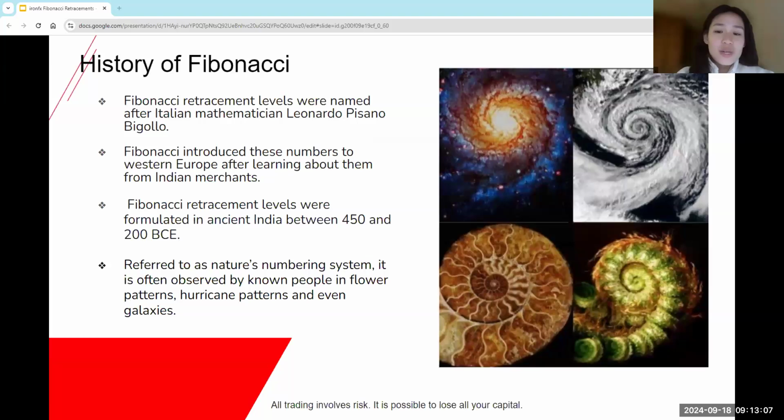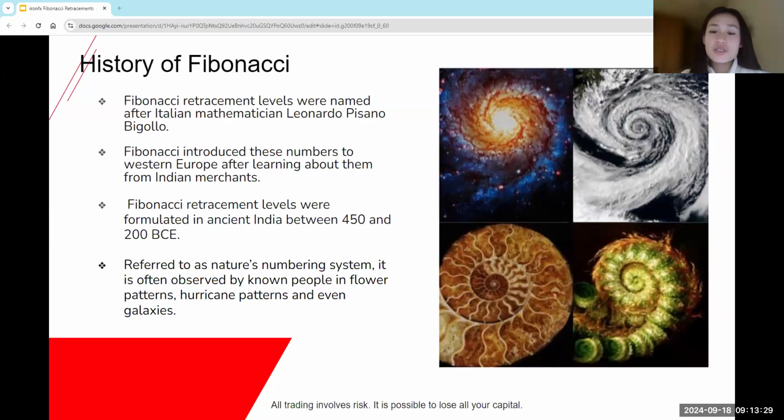Let's start off with a quick history lesson of the origins of Fibonacci. Fibonacci was named after Italian mathematician Leonardo Pisano Bigolo. I think I butchered that, but he was famously known as Leonardo Fibonacci. However, he did not create the Fibonacci sequence.